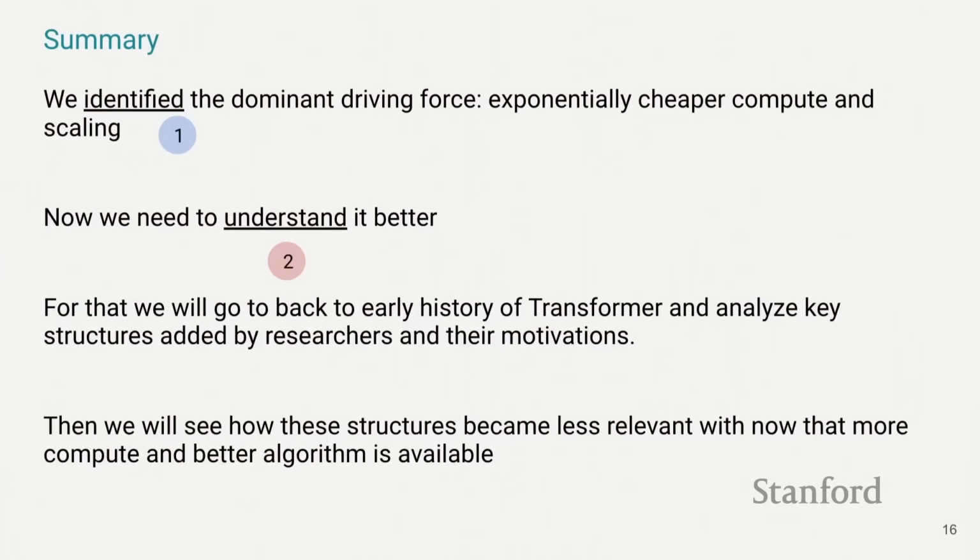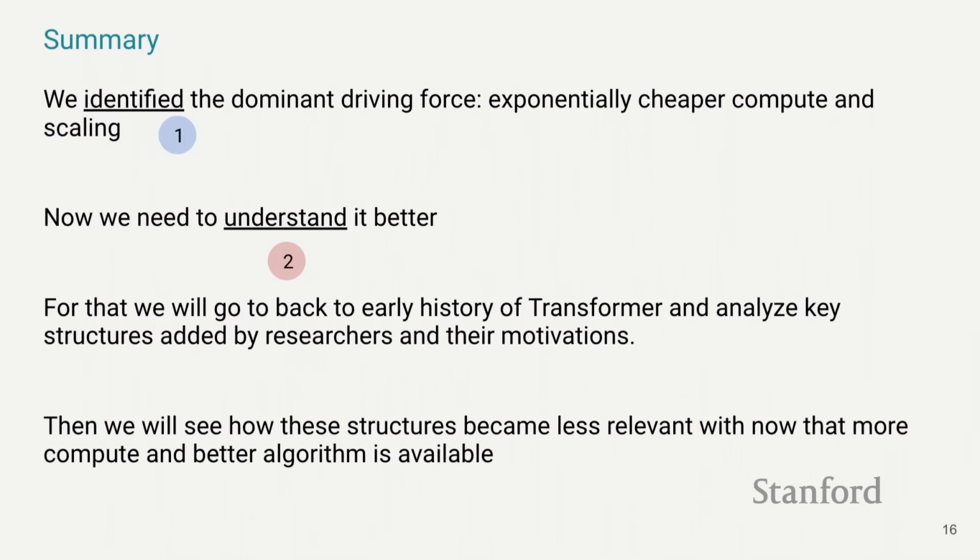So to summarize, we have identified this dominant driving force behind AI research, and that is exponentially cheaper compute and the associated scaling up. Now that we have identified it, if you remember from my initial slides, the next step is to understand this driving force better, and we're going to spend most of the time doing that.